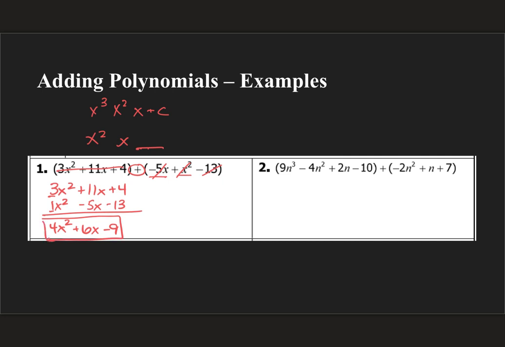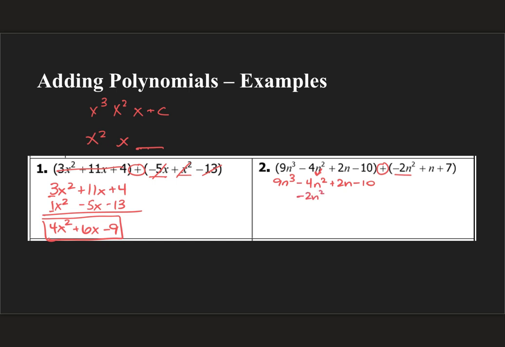So I'm going to do the same thing here. I'm going to make sure they're in order. So I've got 9n cubed minus 4n squared plus 2n minus 10. And then check to make sure the plus sign. So negative 2n squared goes under the negative 4n squared because they're both n squared.